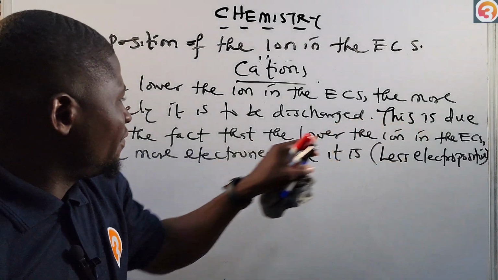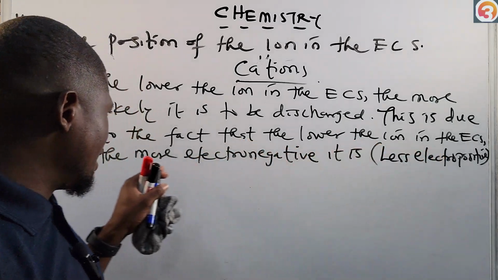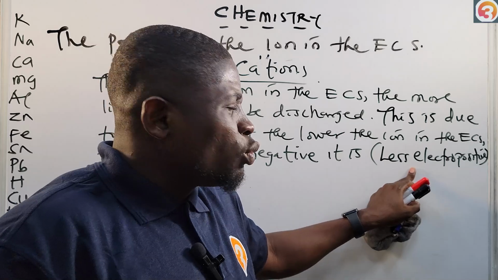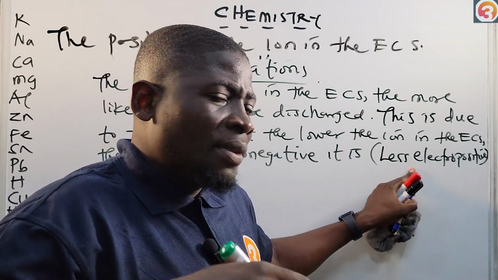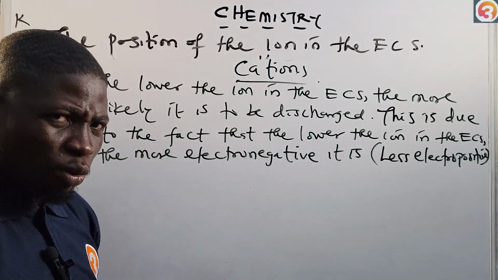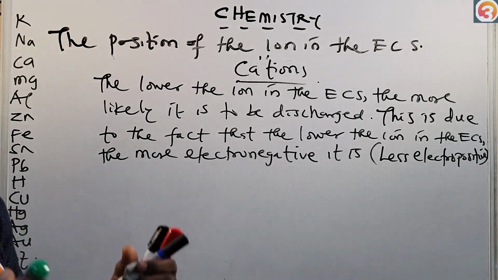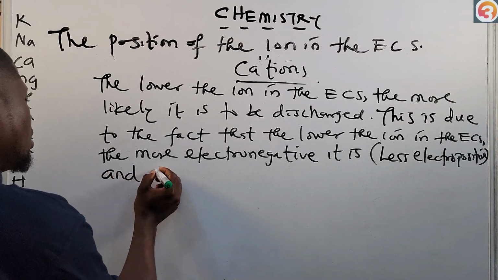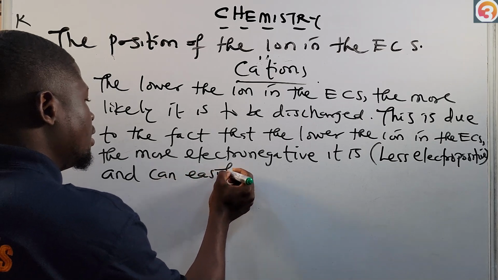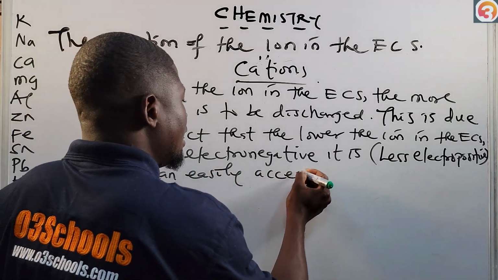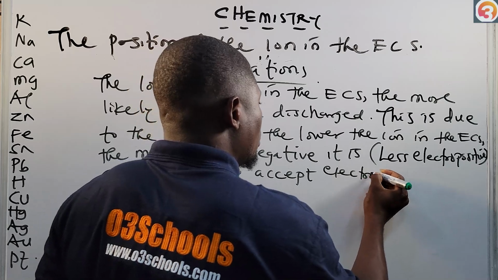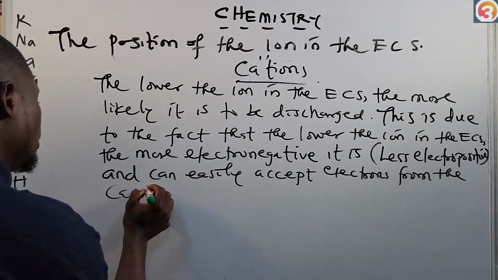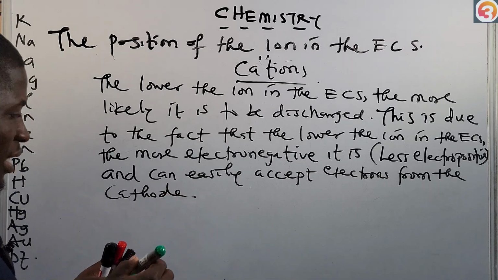This is due to the fact that the lower the ion in the ECS, the more electronegative that ion is. That means the less electropositive, and that means it can easily accept electrons from the cathode.